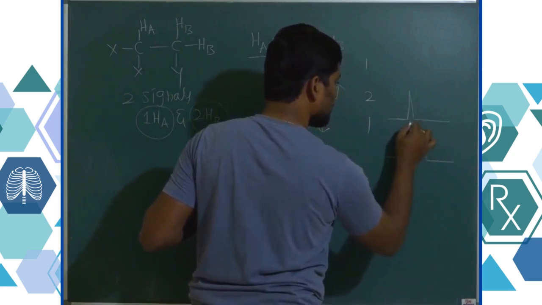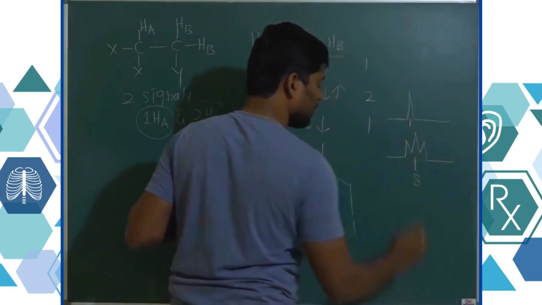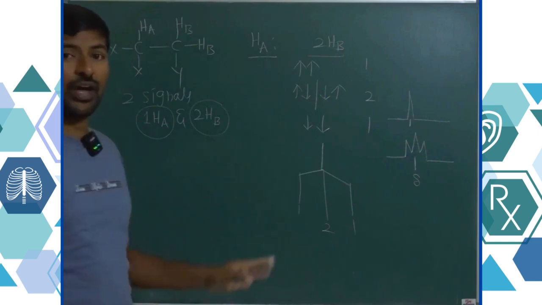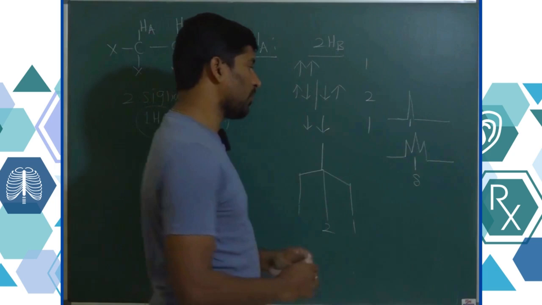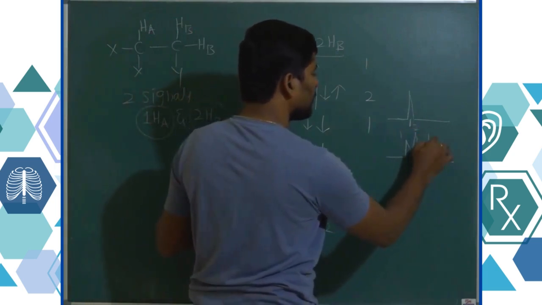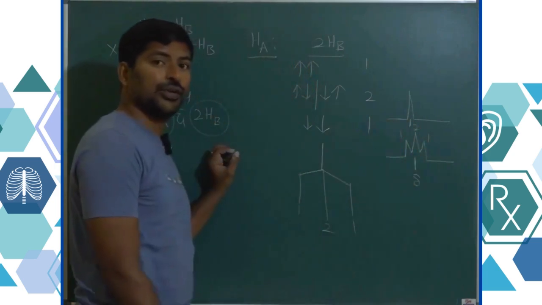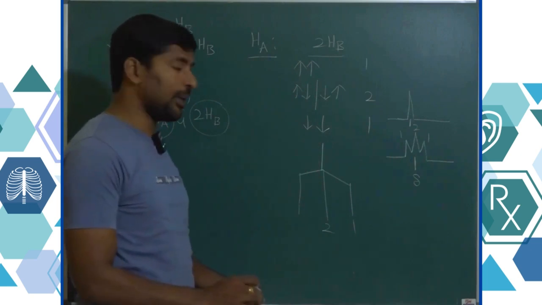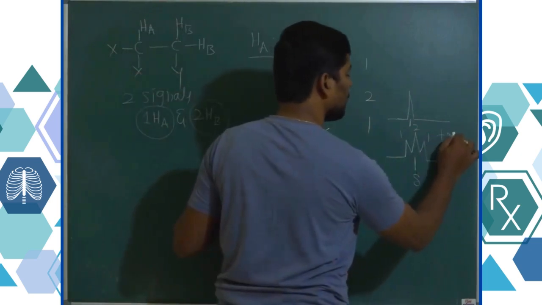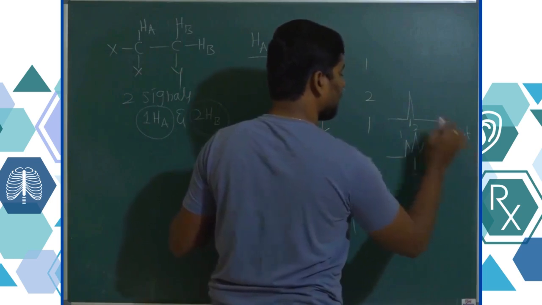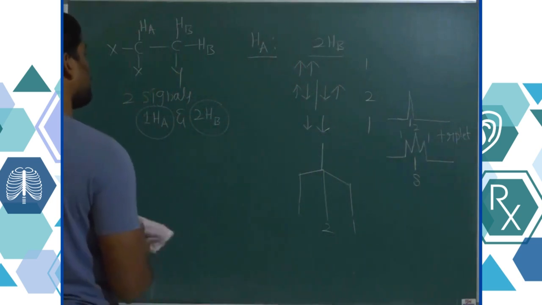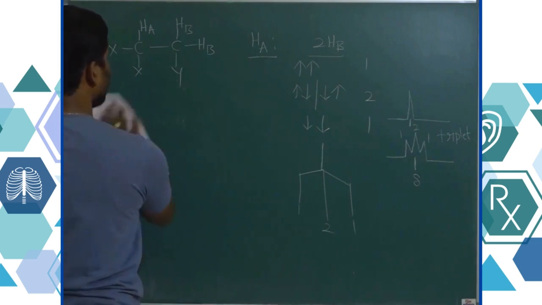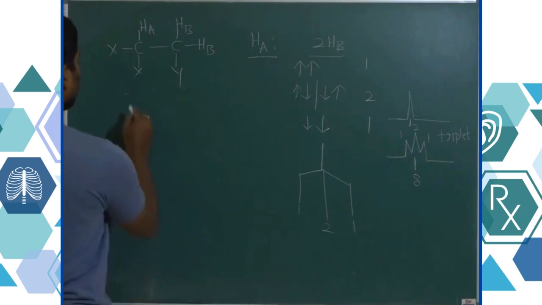This is the actual delta value; to give the chemical shift we have to take the center. So with 1:2:1 intensity, one line split into 3 lines is called a triplet. What about the intensity of lines in the triplet? 1:2:1.